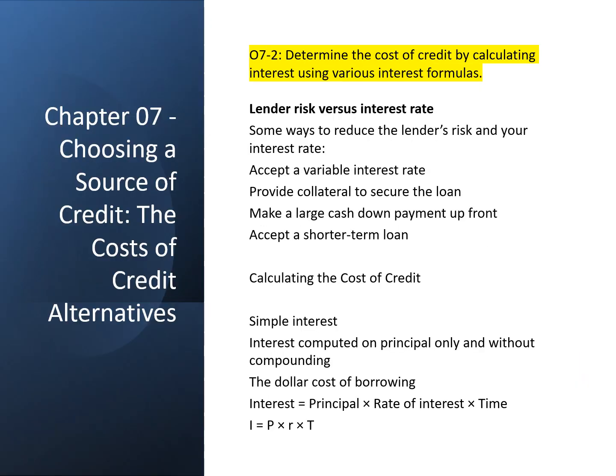So remember, the interest rate is a price. It's a price that you're paying to access that credit. It determines how much the lender is willing to loan you, at what rates, and what the terms are.